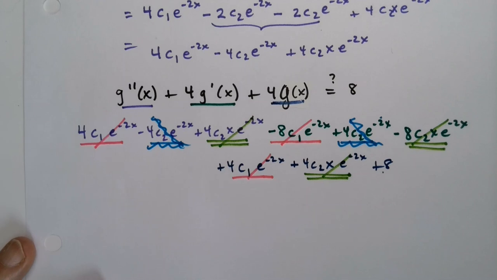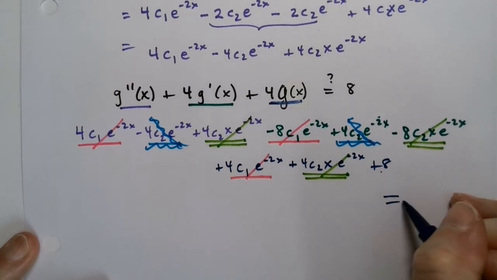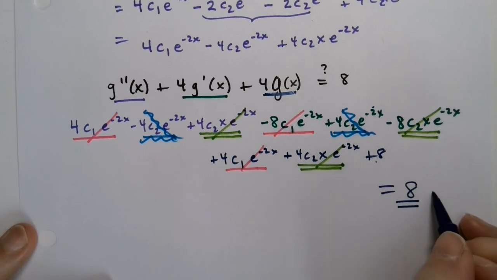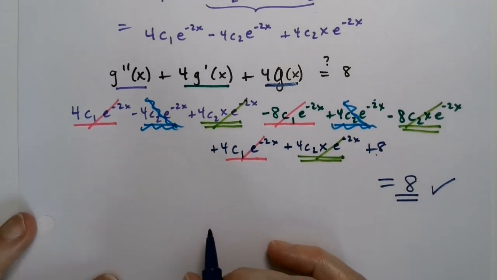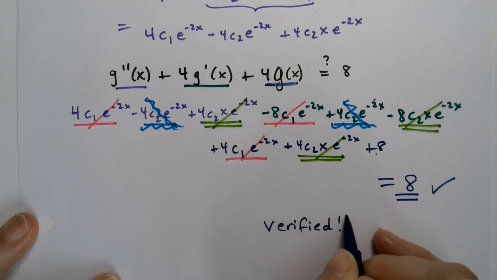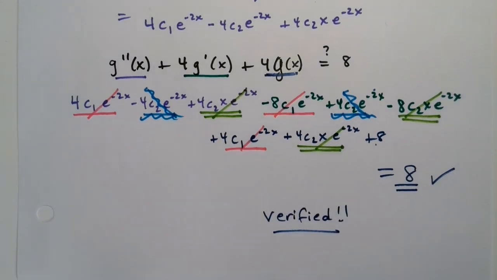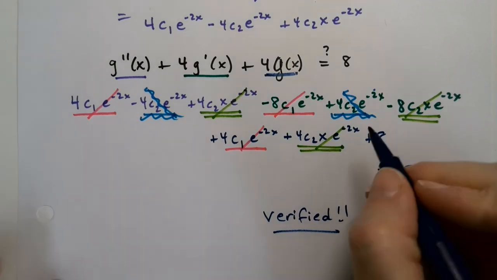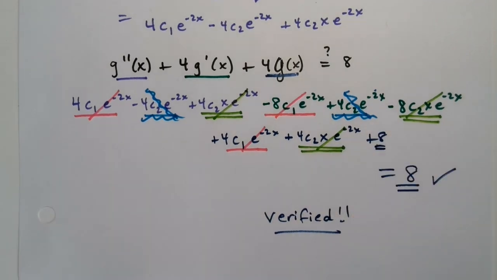And the only thing left is 8. Whew, that was a lot of work. It did in fact work the way that we thought it would. The only thing left was 8. So we verified this solution.